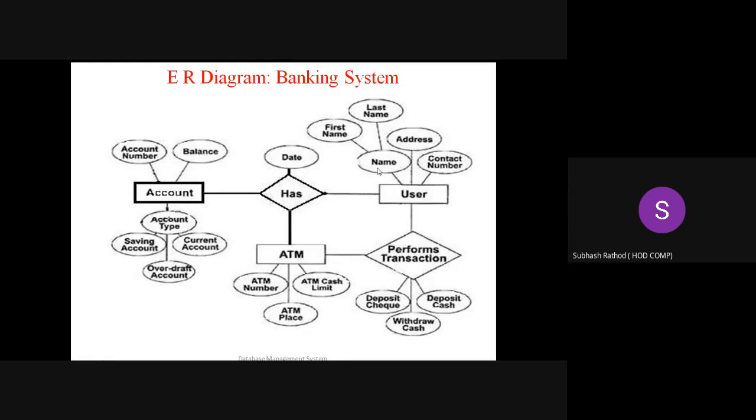That is up to how you think and how you better relate each entity from the banking, from a particular organization. It is up to you how you complete the ER diagram in a better way.